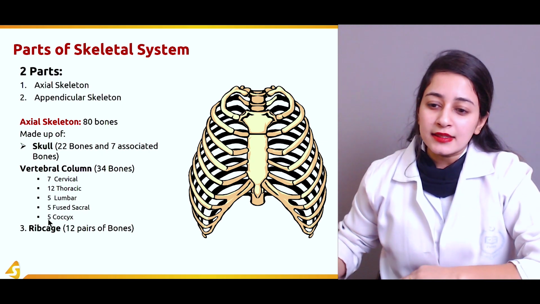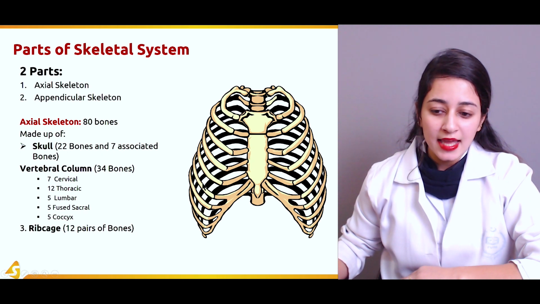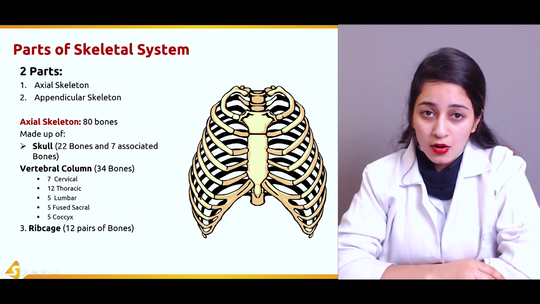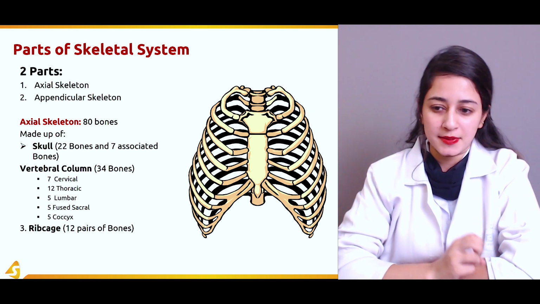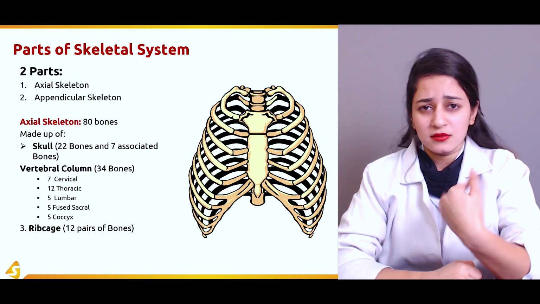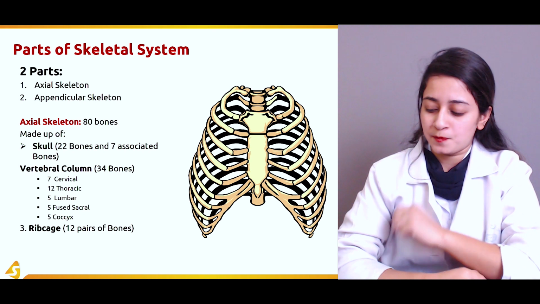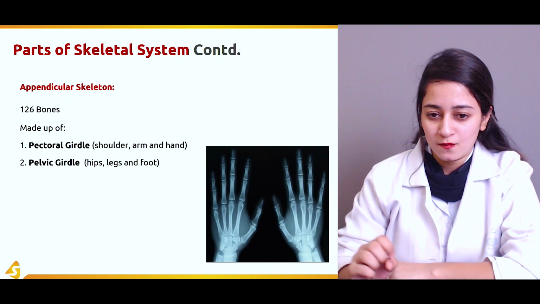These are ribs: 1, 2, 3, 4, 5, 6, 7, 8, 9, 10, 11, and 12. There are 12 pairs of ribs, so in total we have 24 ribs. There's also a division of ribs, but I'll discuss it later in the next slides. So we are done with the axial skeleton.